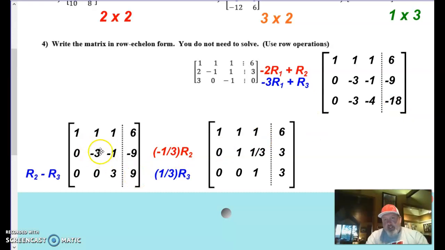I need a leading 1 right there to be in row echelon form. So I am going to multiply this row by -1/3. And there's my result. And I am going to multiply the bottom row by +1/3. And now you can see we have these leading 1s on an angle with zeros in front of them. So this matrix is now in row echelon form.